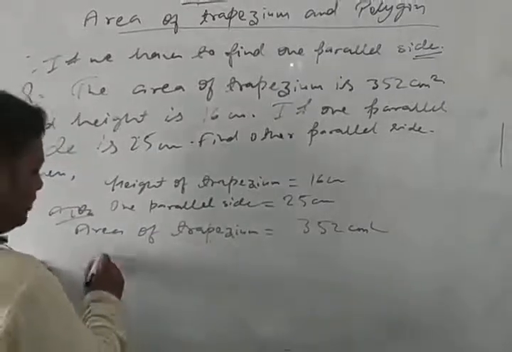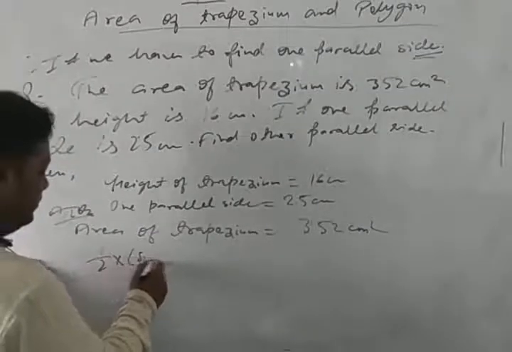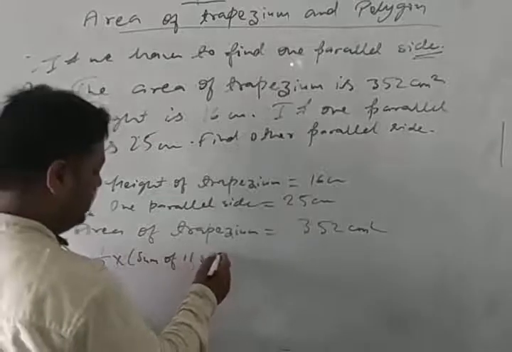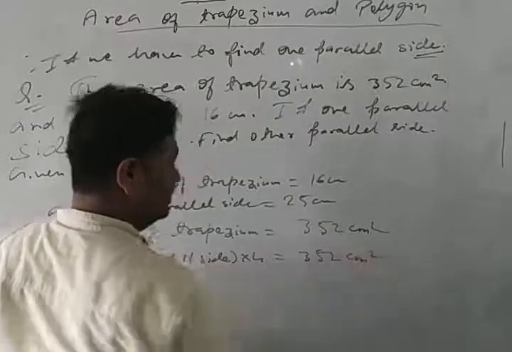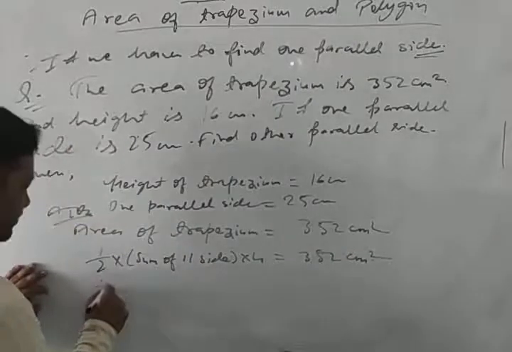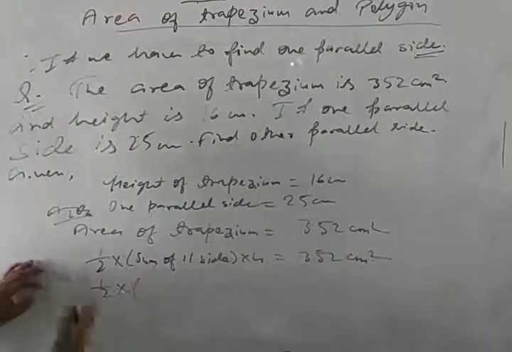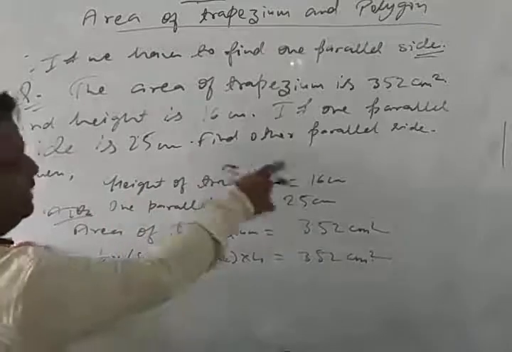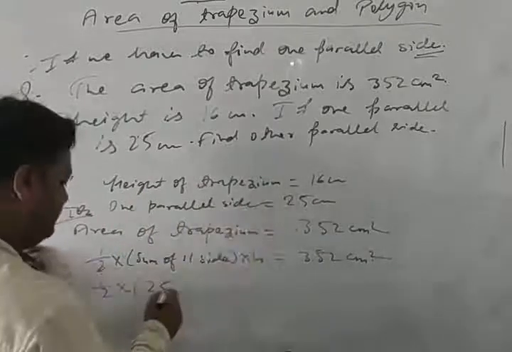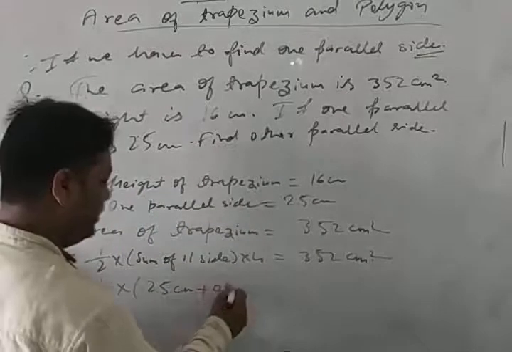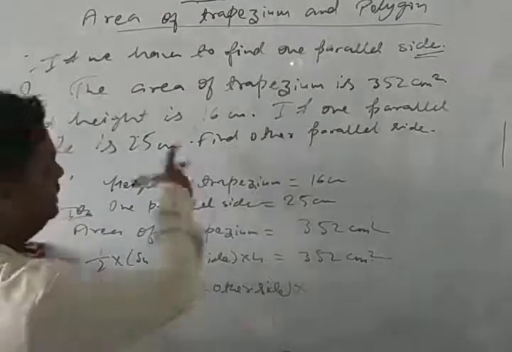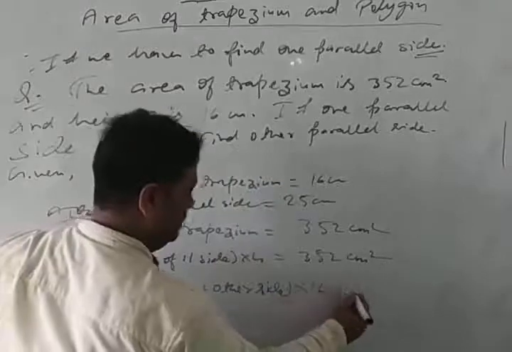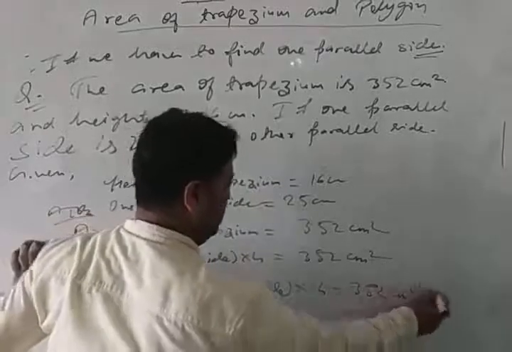Area of trapezium formula is 1/2 into sum of parallel sides into height is equal to 352 centimeter squared. Then 1/2 into sum of parallel sides: first side given 25, and here we can write the other side, into h. Height is given, 16 centimeter, equal to 352 centimeter squared.